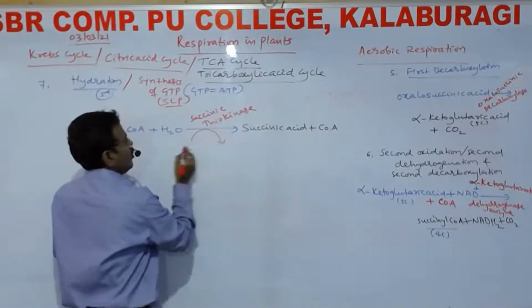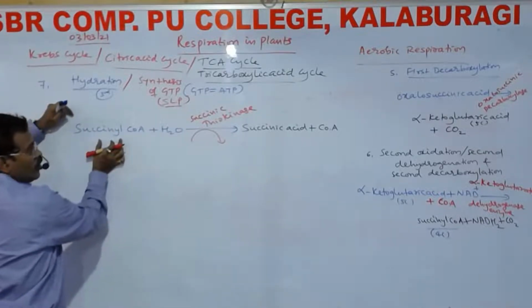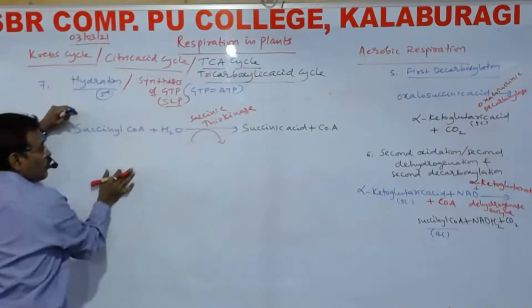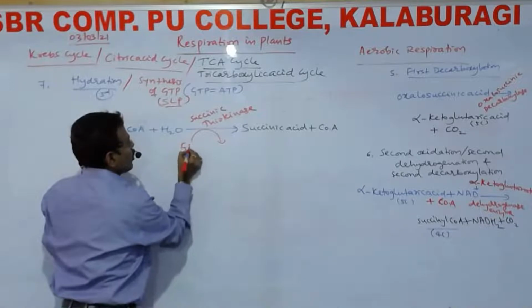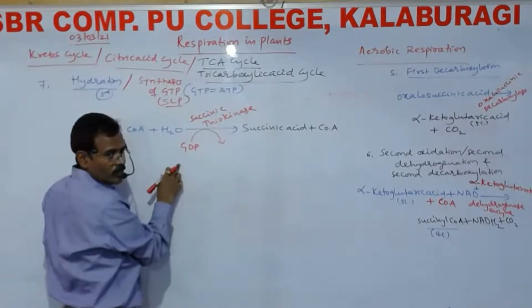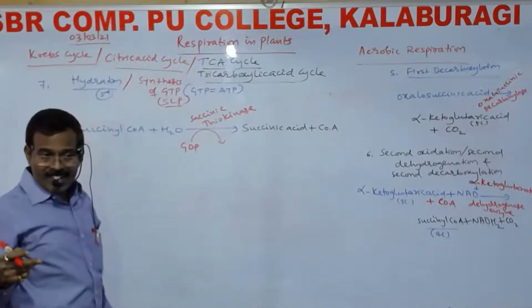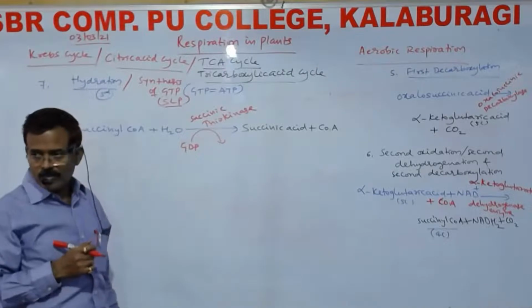Here, this succinyl coenzyme A undergoes substrate level phosphorylation. So there is conversion of GDP. GDP is guanosine diphosphate, like ADP, adenosine diphosphate. This is also an energy rich compound.